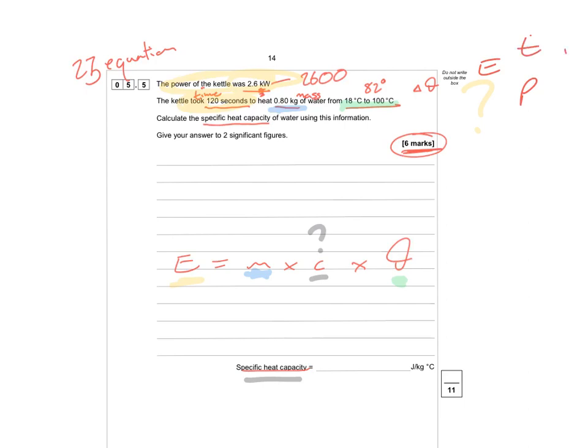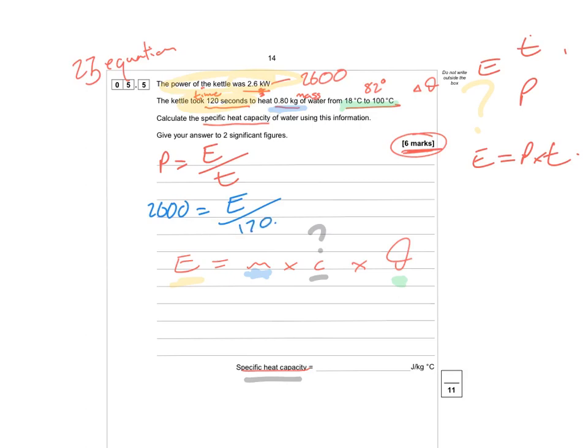Well, it is the P equals E over T equation. In some of the revision guides, it just rearranges it for you straight away, as E equals P times T, which actually is quite useful for this. Just to be uber pedantic, I'm going to leave it as this equation here, and we're going to go 2,600 in there equals the E I'm trying to find out divided by 120.